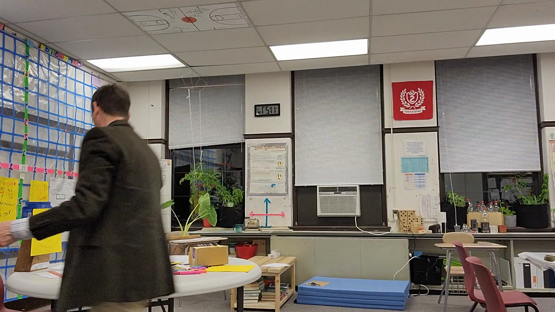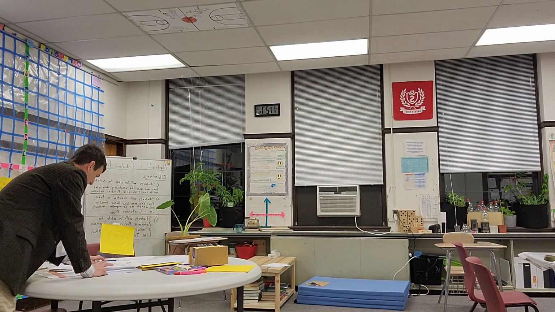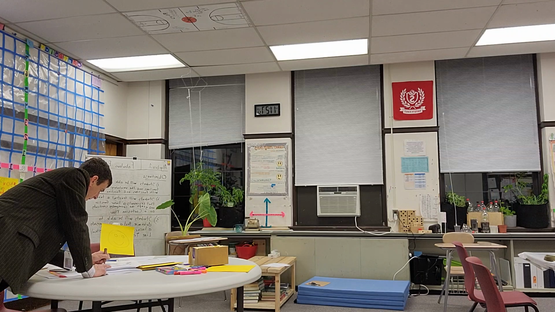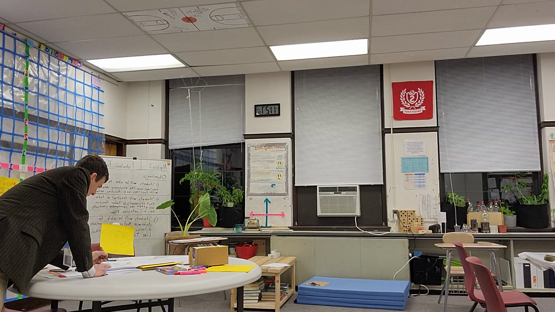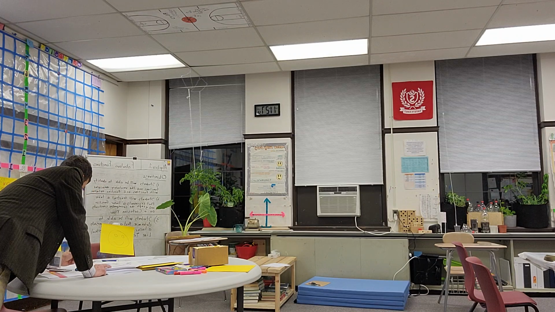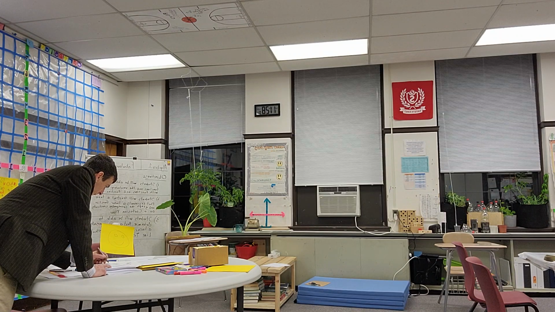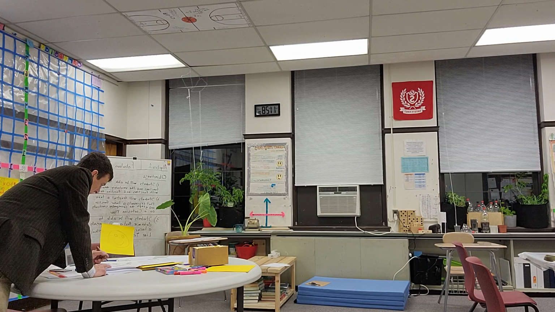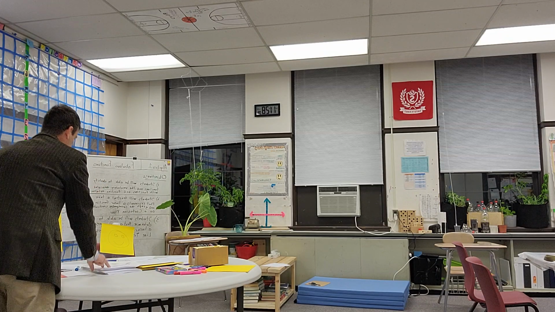Yeah, make it a little easier on you. We got that. 2 times 15. 30, good. 3 times 15, 45. And 4 times 15, 60. Good job. 15, 30, 45, 60. All right, good work.